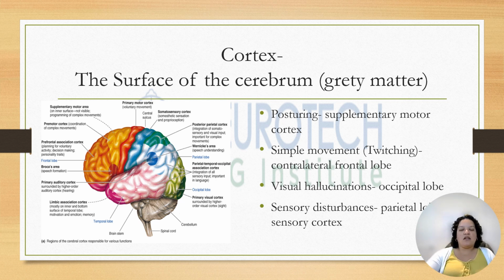So in the cerebrum, we're going to find the cortex, and the cortex is the surface of the cerebrum, and it's misspelled here. It's gray matter. So the gray color that you see of the brain when you dissect a cadaver.